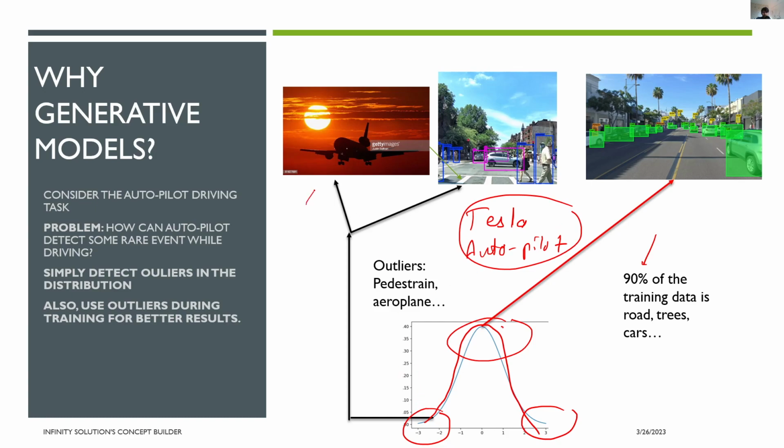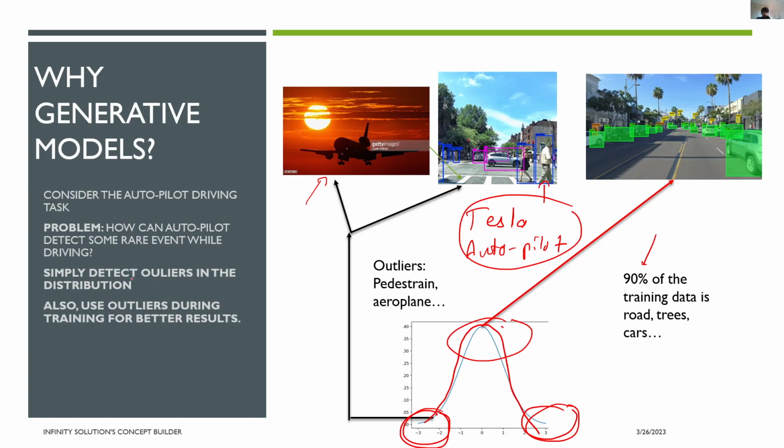Let's say we are driving through an airport where our Tesla autopilot can see a plane landing. Then it might misbehave, thinking, what is this? I don't know this, because I didn't have this image or data while training. The same goes for a sudden pedestrian crossing or an animal crossing suddenly. These are outliers, and this is how generative models can tackle outliers in autopilot tasks.